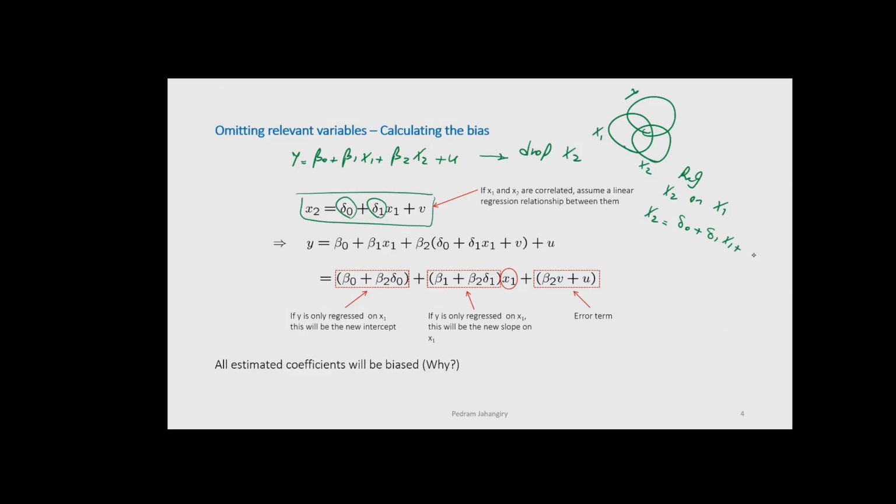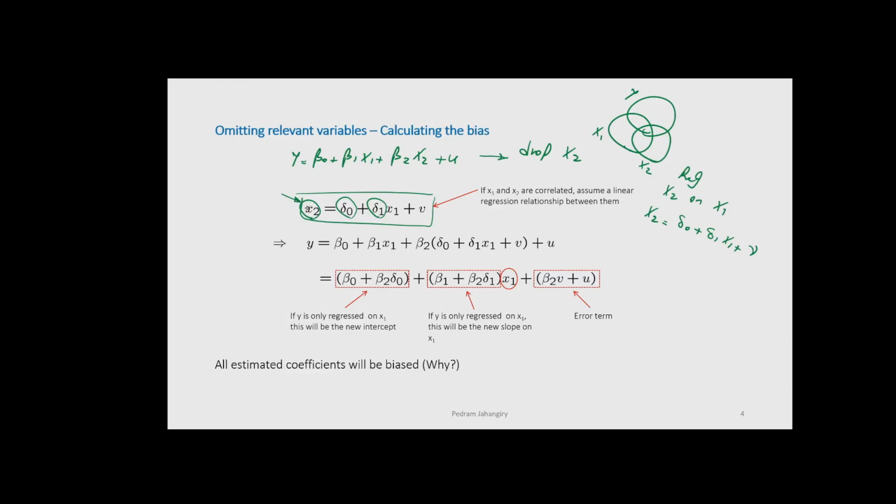Because u is reserved for the original model, let's call it nu, or you can think of it as v, but it's nu. Now I know this is the variable that I'm dropping from the model. Let's see what will happen to the new coefficients if I drop that.